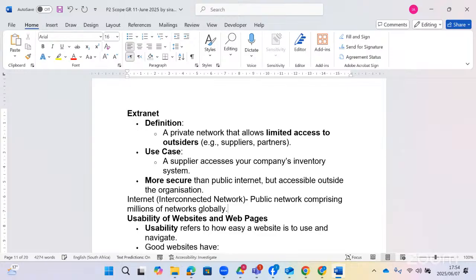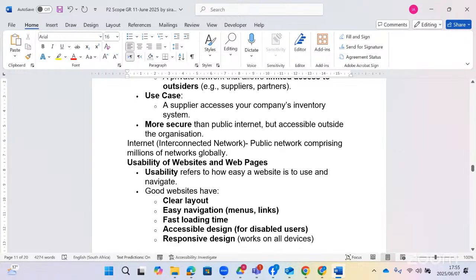Right. So many networks that are put together, and it is a public network, unlike the intranet and extranet. So take note of that.